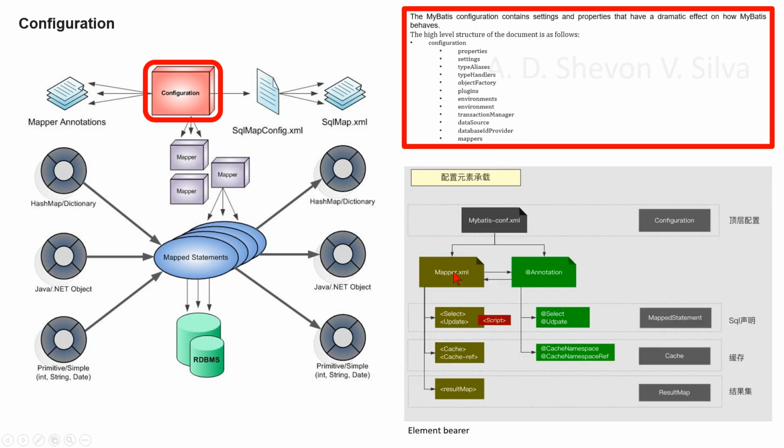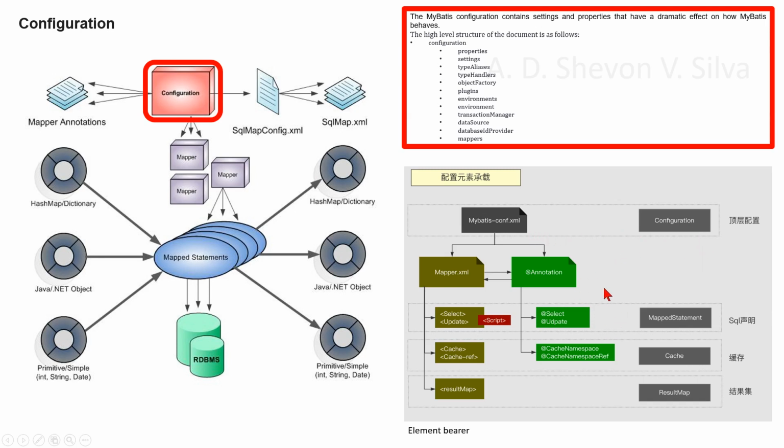Here you can see element bearer. Whether it is XML or annotation, the configuration elements must be converted to Java configuration attributes or object components to carry them. The corresponding relationships are as follows: the global configuration in config.xml is carried by the configuration object attributes.